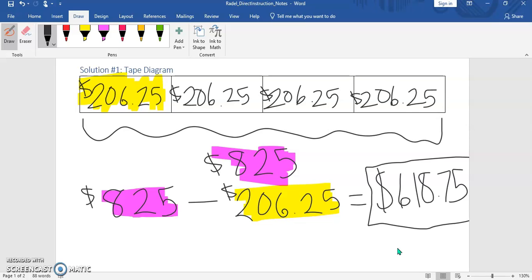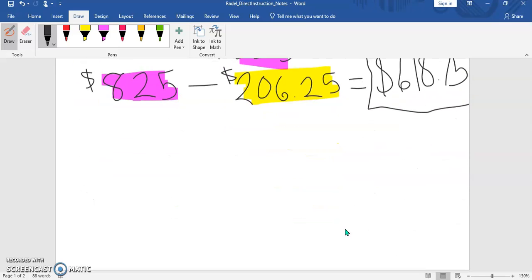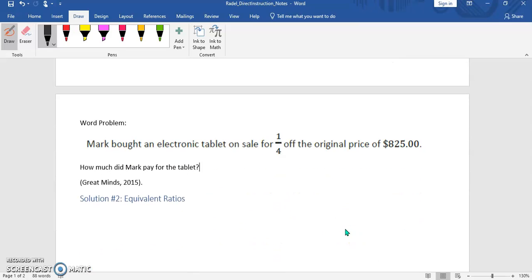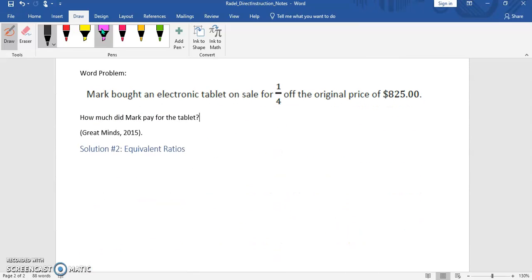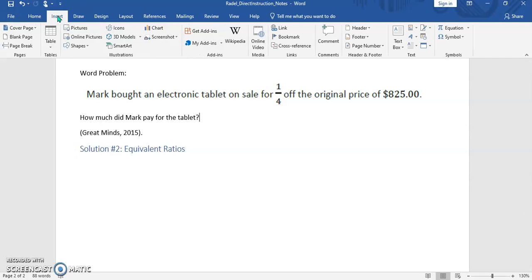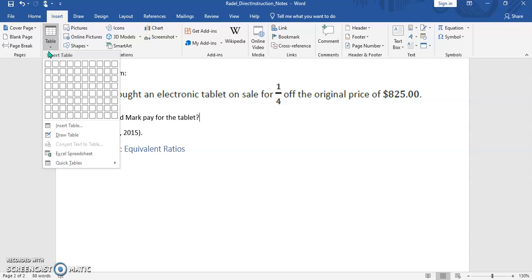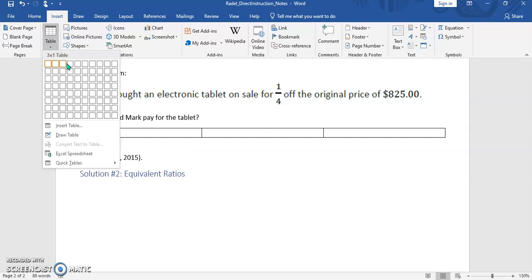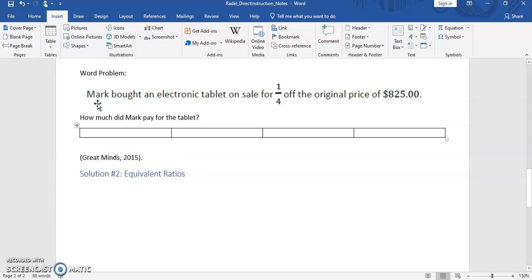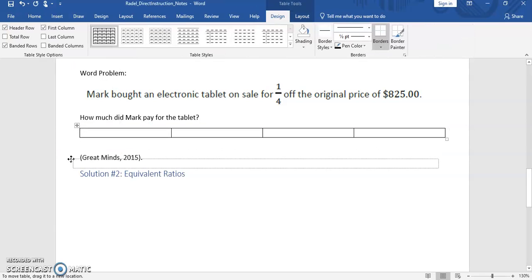And let's look at a different way we can solve this problem. We can also solve the problem using equivalent ratios. So let's look at this tape diagram and let's figure out the ratio of the original cost that Mark is going to pay.